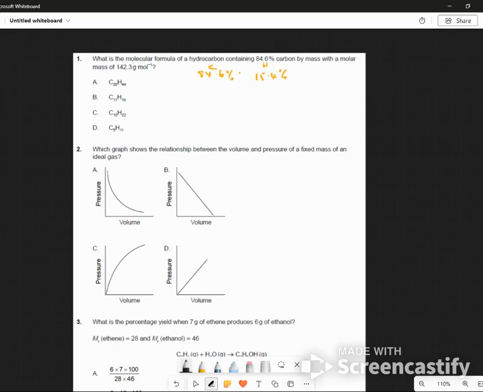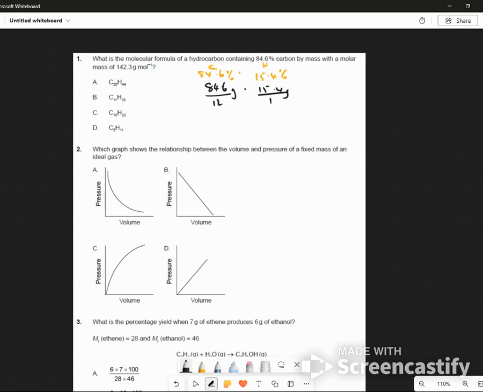Next thing I've got to do is convert these percentages into grams. 84.6 grams and 15.4 grams of hydrogen. I'm going to divide them both by the relative molecular masses to get the number of moles, and therefore I'm going to initially try and find the empirical formula.